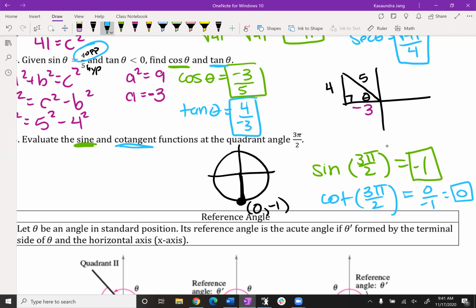Whenever I have points on my actual unit circle, I wasn't too worried about the radius there because I didn't need to divide by r. But if this was some other point, maybe I had the point 0, -3 or something, then I would have to do my y value over the r, which would be 3 in that case. I'd have to do like -3 over 3, if that makes any sense. Okay. All right. Anything else?